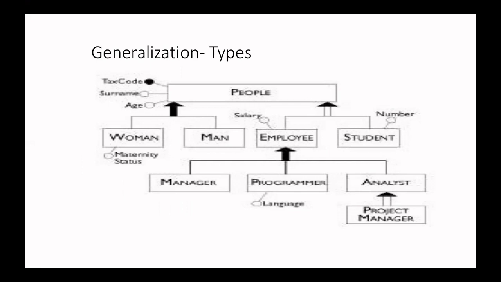Person is a man, woman, and employee, student, manager, programmer, analyst. This is a total top-down to bottom-up type of diagram. So these are the generalization types.